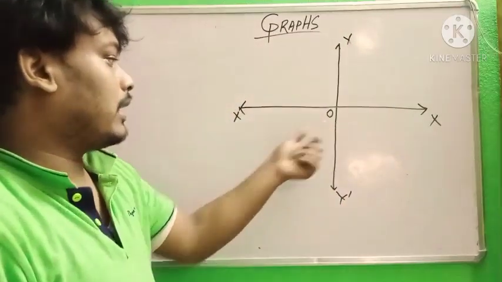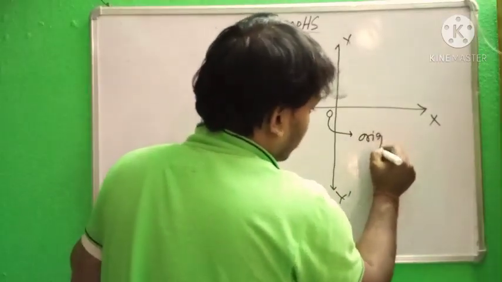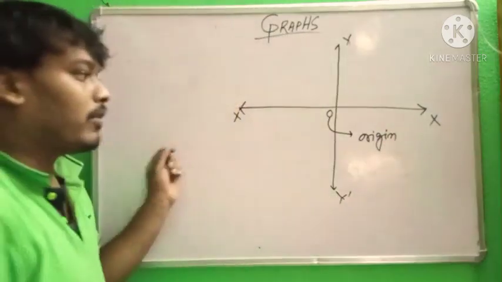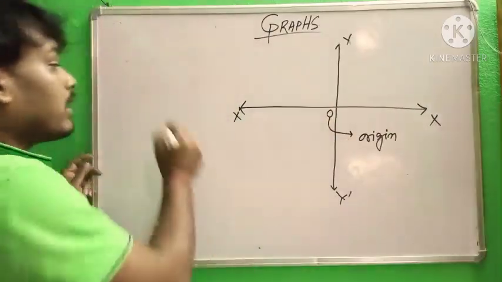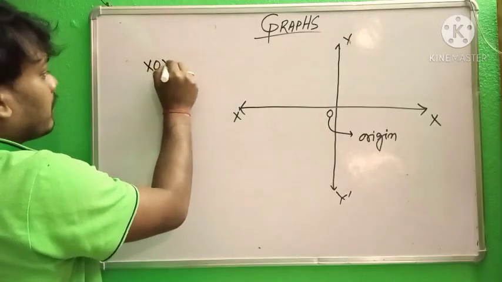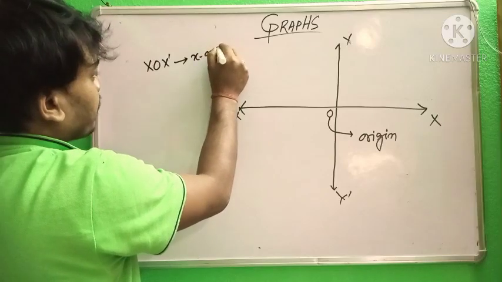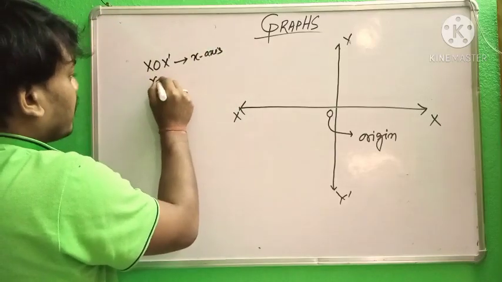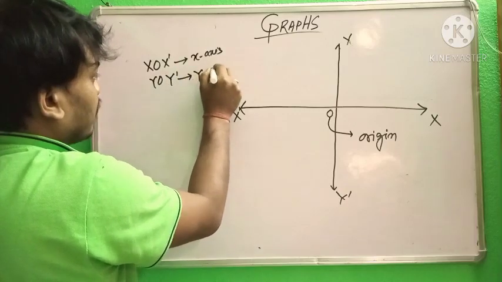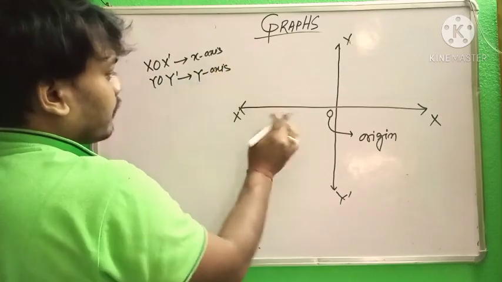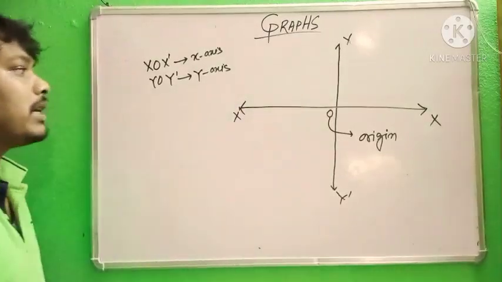Okay, and this O refers to the origin, like the center. O means origin. The line X O X dash is called the x axis, and Y O Y dash is called the y axis. So this line is called the x axis and this line is called the y axis.